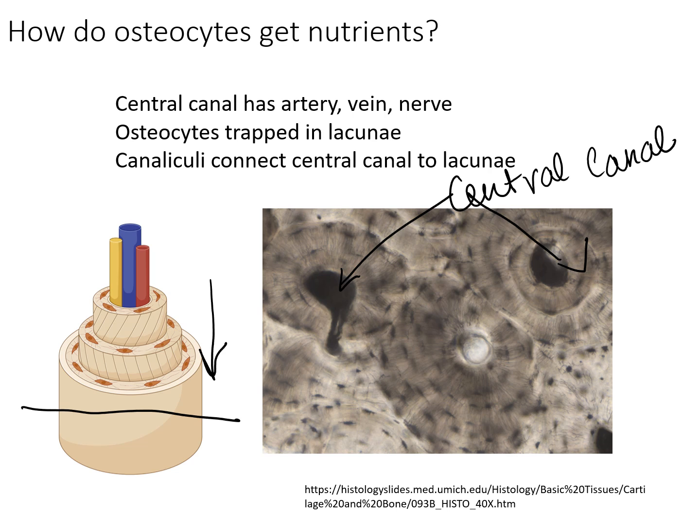And it's these central canals that carry the arteries, veins, and nerves. You can even see the concentric lamella that make up each osteon, right? You can see this one right here. There's another one right here. There seems to be one that's kind of smushed out here.